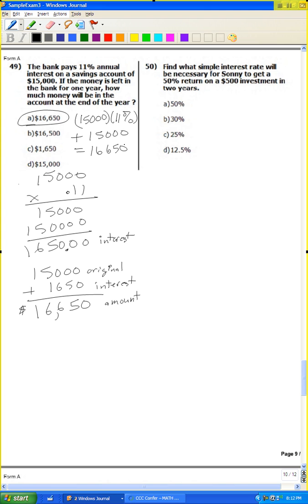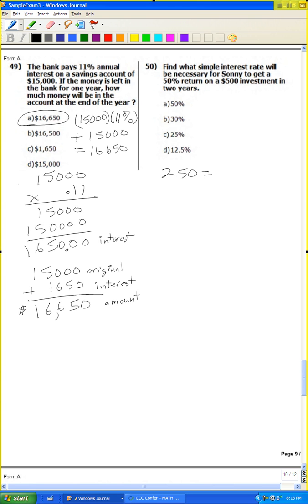Okay. Let me do problem number 50. Find the simple interest rate that will be necessary to get a 50% return. Well, let's see. What is 50%? 50% of $500 is $250 in 2 years.